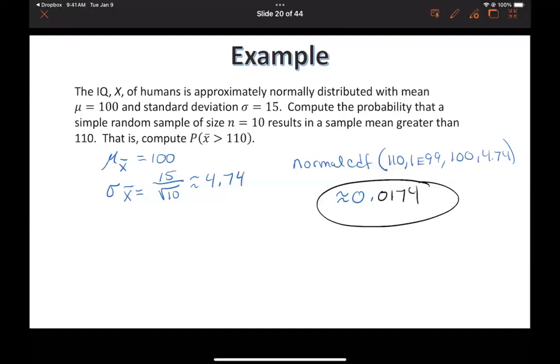It's 5. Anything less than 5% chance of happening is unusual. So this is 1.74%. So this would be unusual. It would be unusual to find a sample of size 10 of people who have an IQ of over 110.